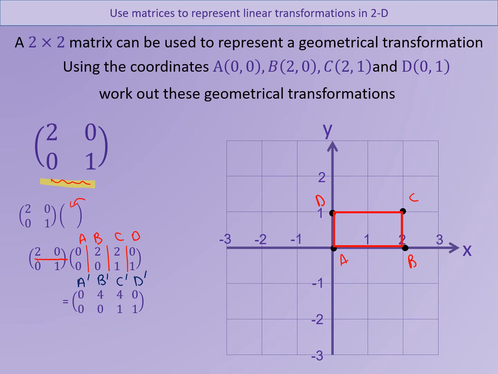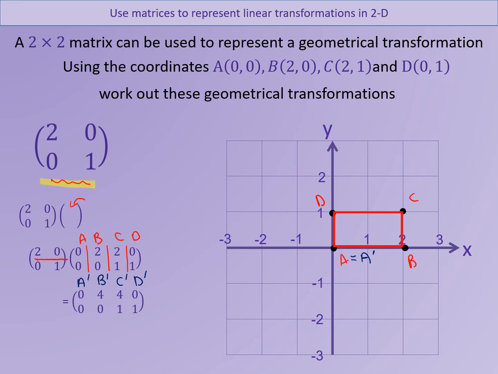I'm going to take a look at how A has been mapped to A prime, B to B prime, C to C prime and D to D prime. So A is 0, 0 and we can see A prime is also 0, 0. So no movement has taken place there.